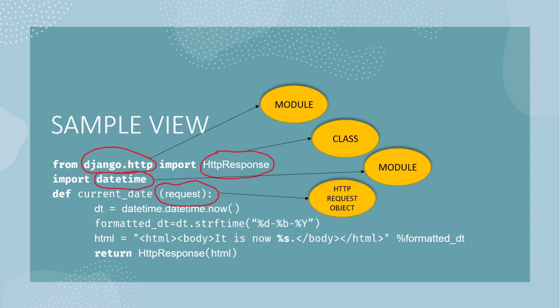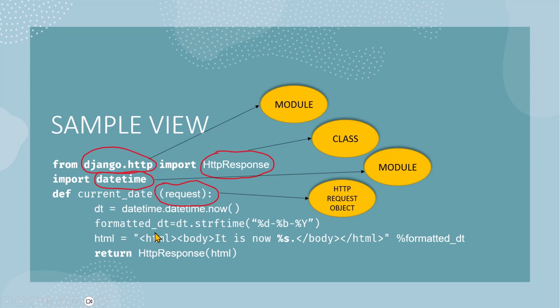So this would be an instance of the HttpRequest class. In the next statement, we are assigning to dt, that's just a variable, the output of datetime.datetime.now. Now, if you're familiar with Python, then you know that this is going to put the current date and time into this variable, right?